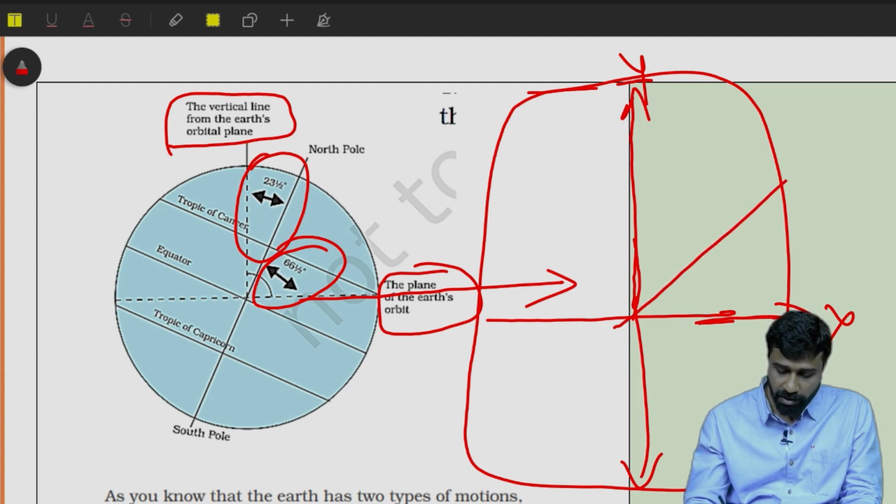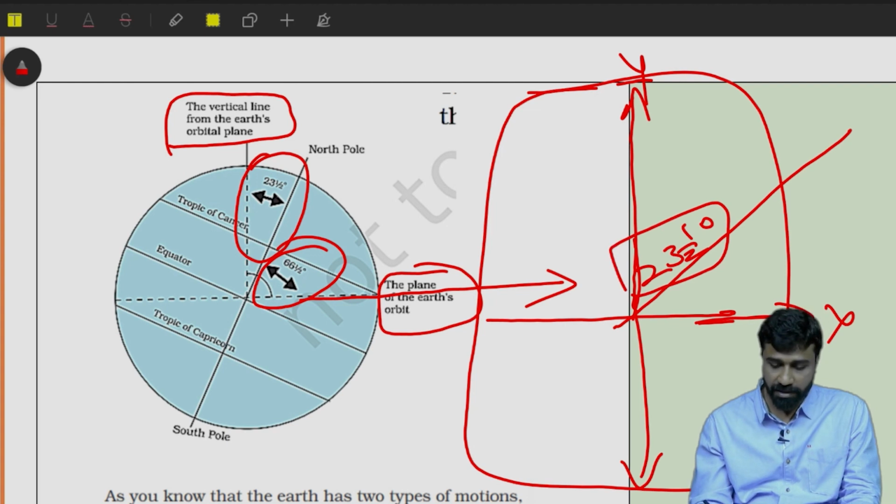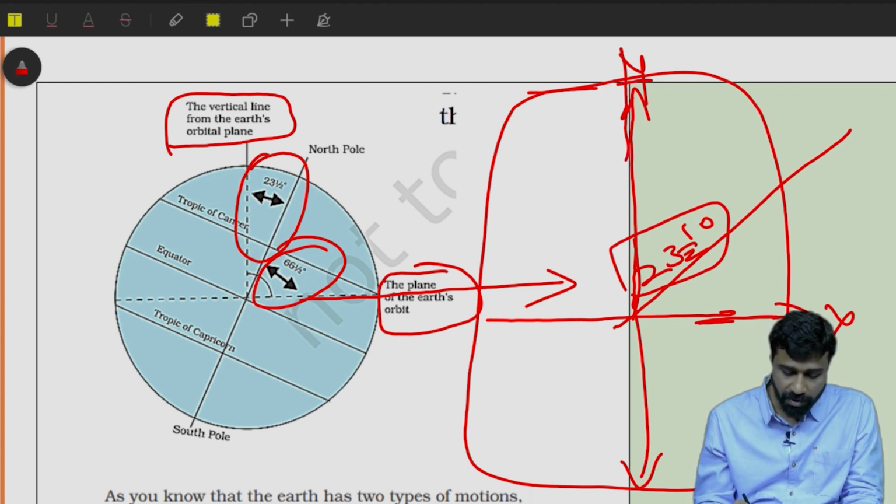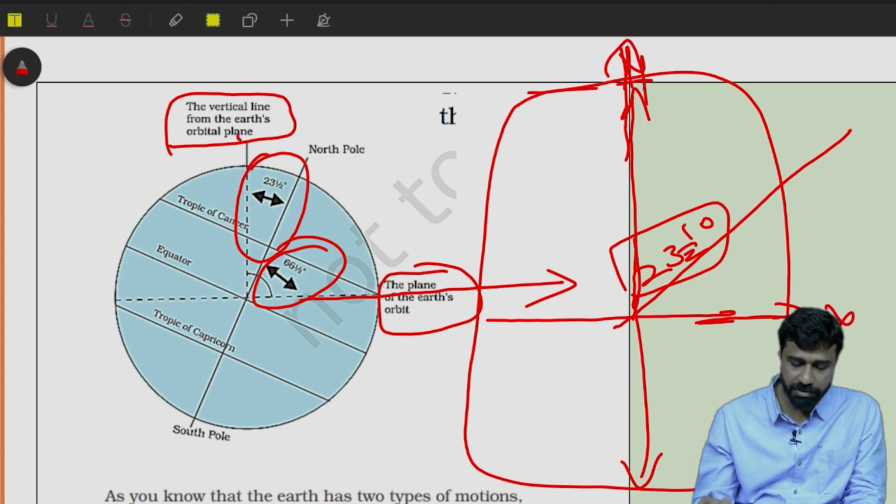In this you find 23.5 degrees of our axis which is tilted from the vertical line drawn from the orbital plane.